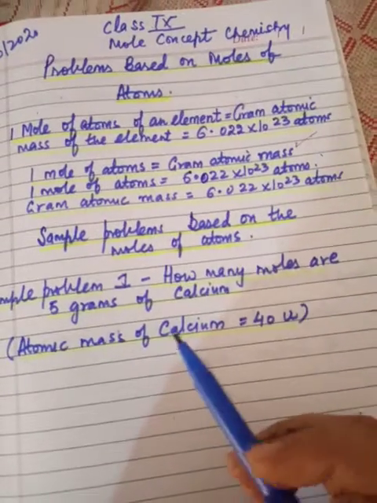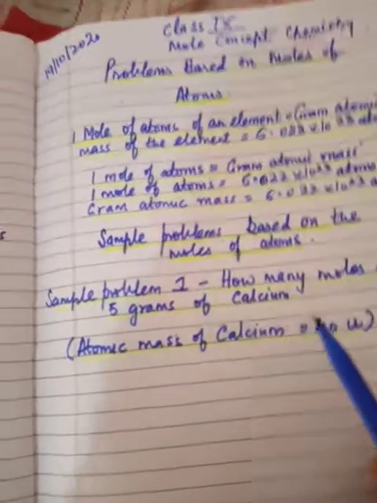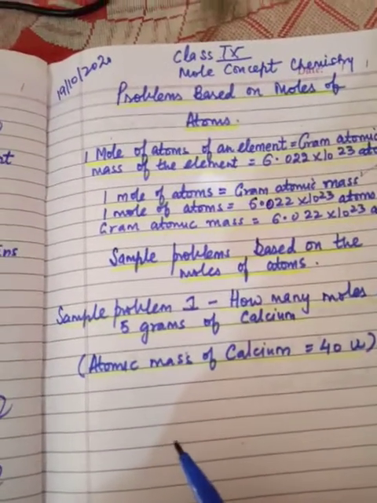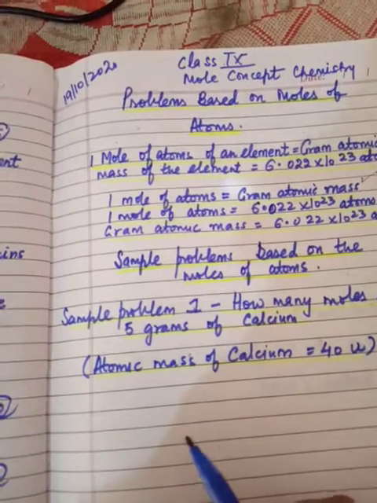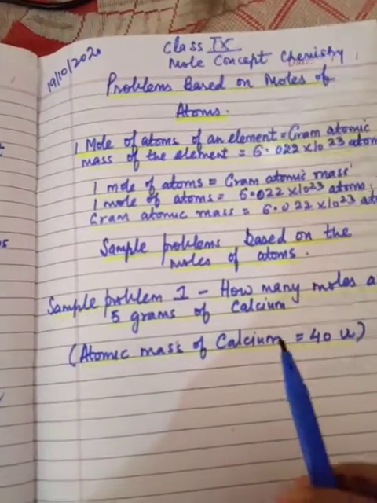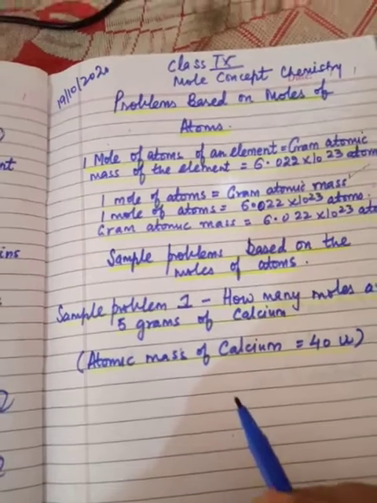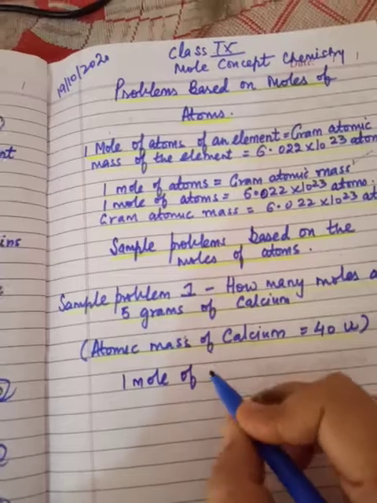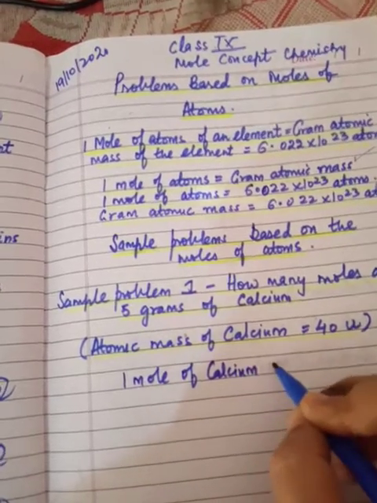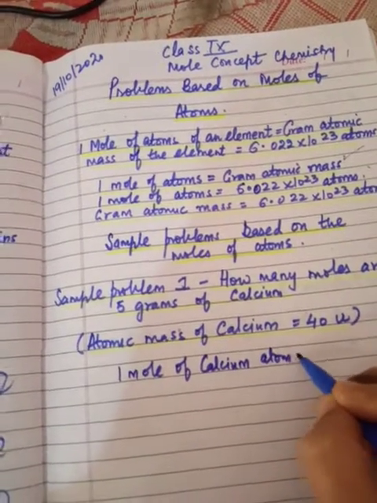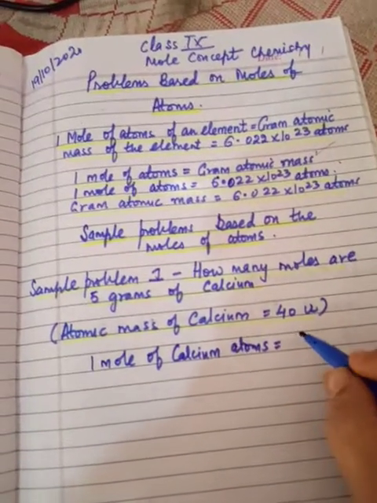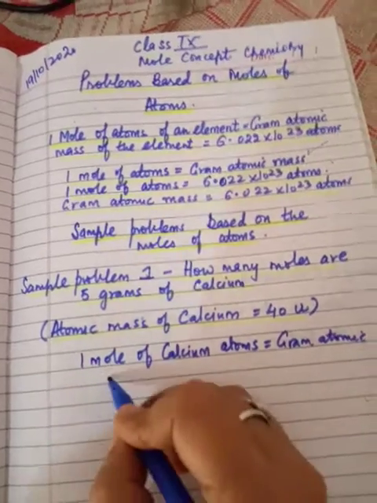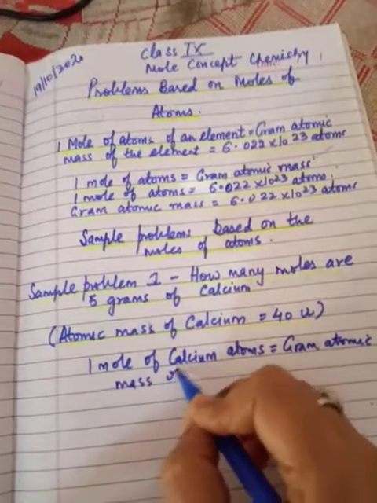Sample problem 1: how many moles are 5 grams of calcium? We know that 1 mole of atoms is the gram atomic mass. So 1 mole of calcium atoms is equal to the gram atomic mass of calcium.